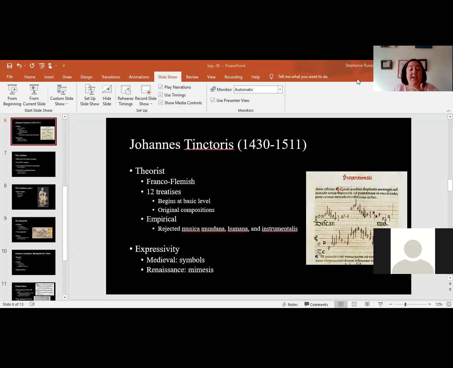Think back to the caccia that we talked about, Jacopo's Oselecto Selvaggio. And we talked about the bird song and the hunting horns and the rippling water and wind. That's mimesis. So in the Middle Ages, numerological relationships. In the Renaissance, mimesis.